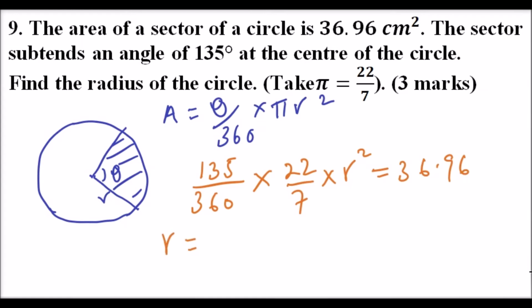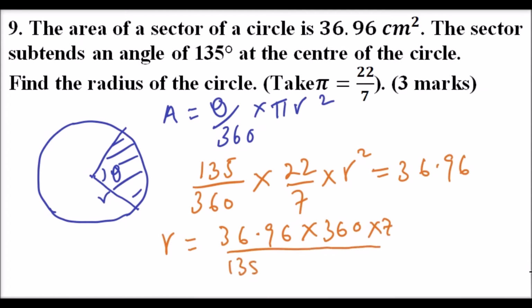We multiply 36.96 by 360, and you multiply by 7, and you divide by 135 multiplied by 22. You can choose to simplify here if you want, there is no problem.